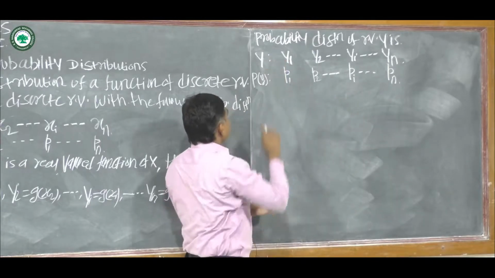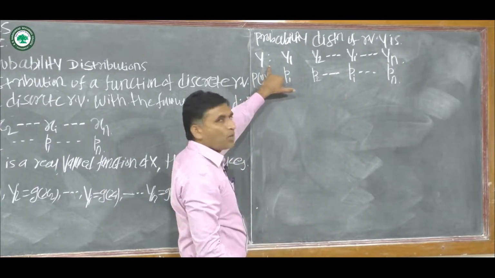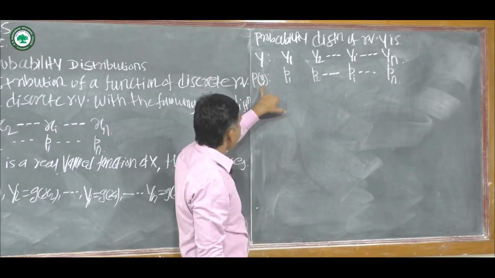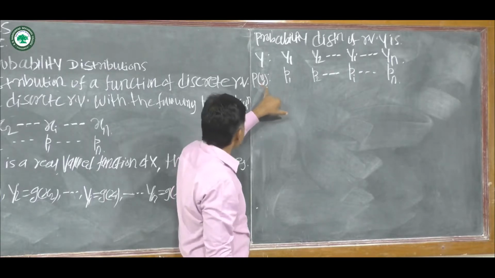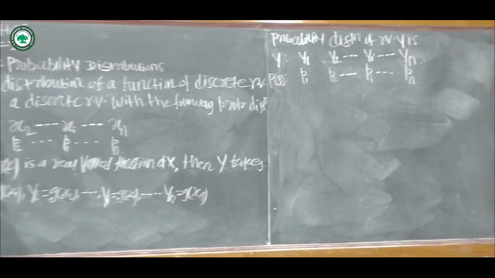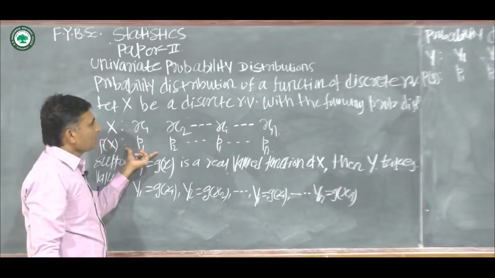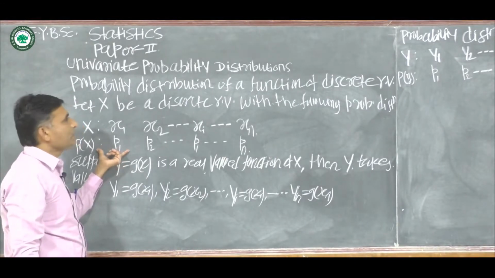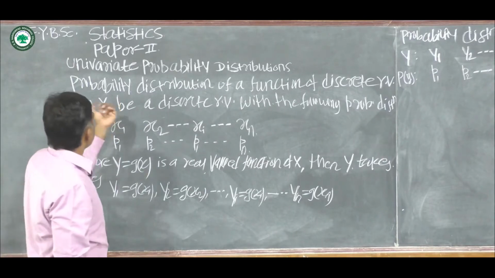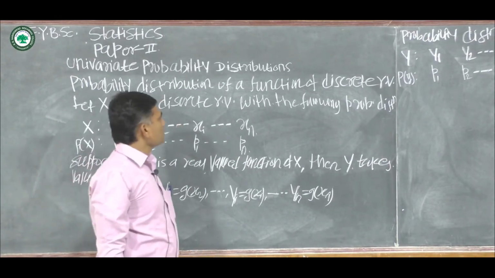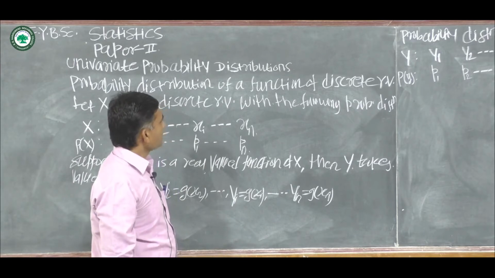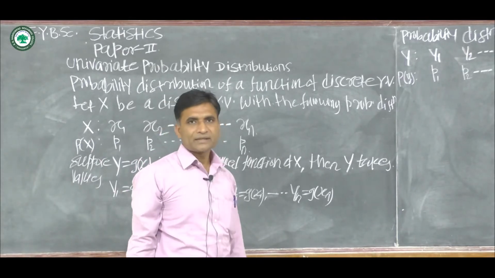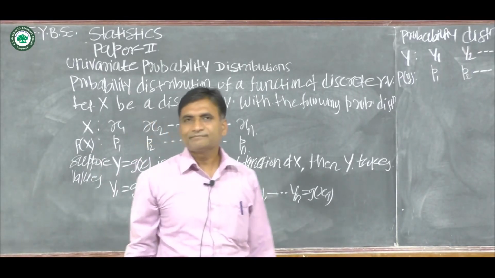Here only the values of the random variable change, but the probabilities remain the same as those of x. So it is called the probability distribution of a function of a discrete random variable. Thank you.